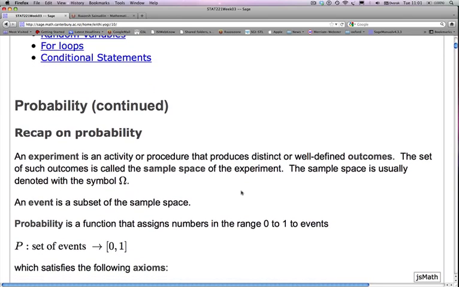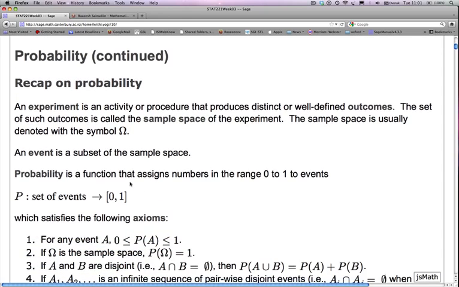Recall that an experiment is an activity or procedure that produces distinct or well-defined outcomes. The set of such outcomes is called the sample space of the experiment, and the sample space is usually denoted by this Greek uppercase symbol called big omega.